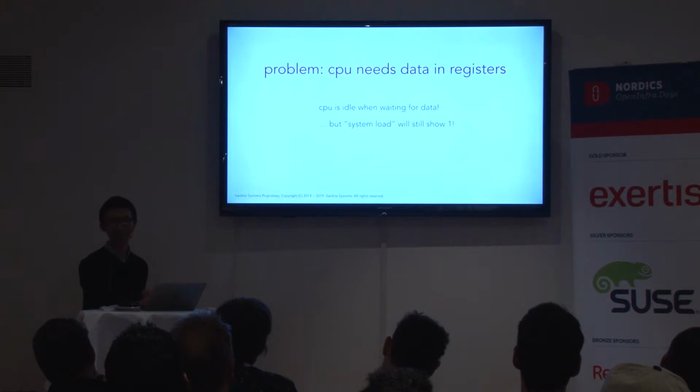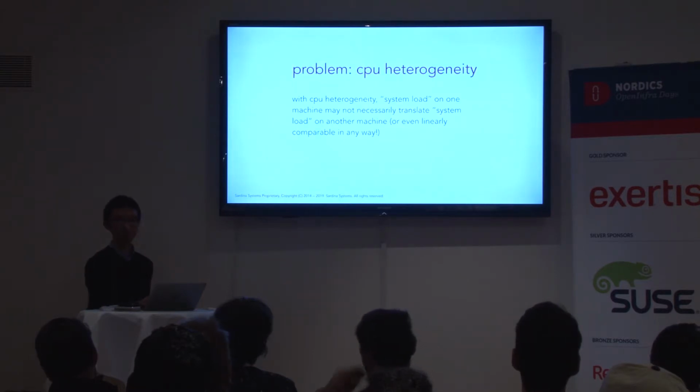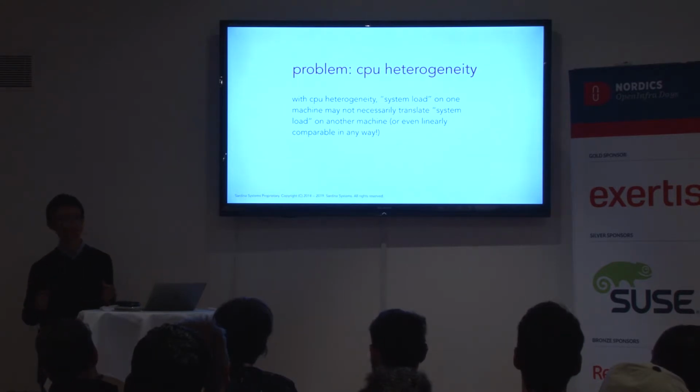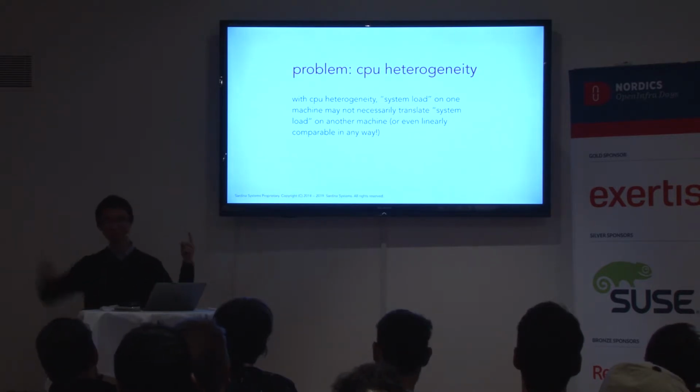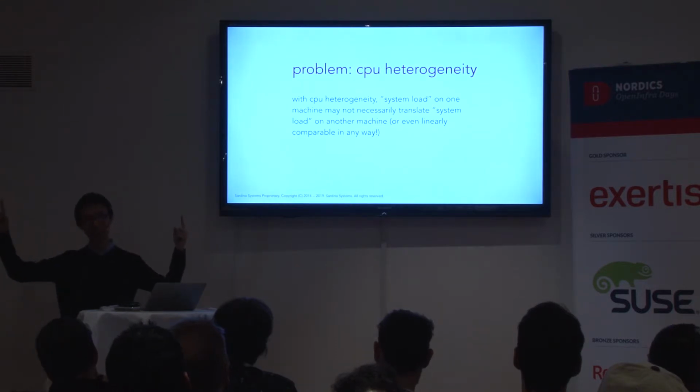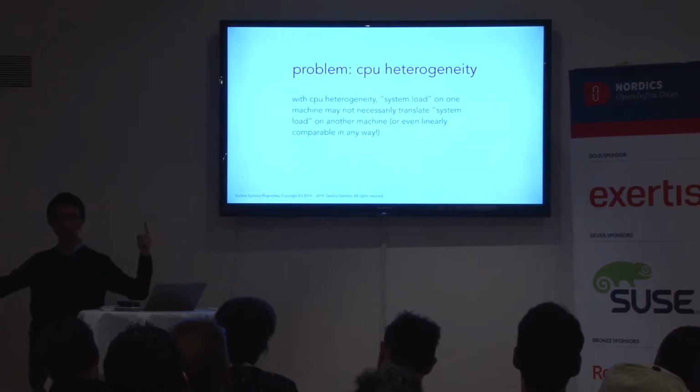But when it's waiting, system load still says load of 1, but it's doing nothing. This is messed up. Oh, and if you have CPU heterogeneity, a load of 1 on one machine does not equal a load of 1 on another machine. So now, good luck trying to match this up. And no, absolutely not. You cannot use the clock rates to try to give it a match.